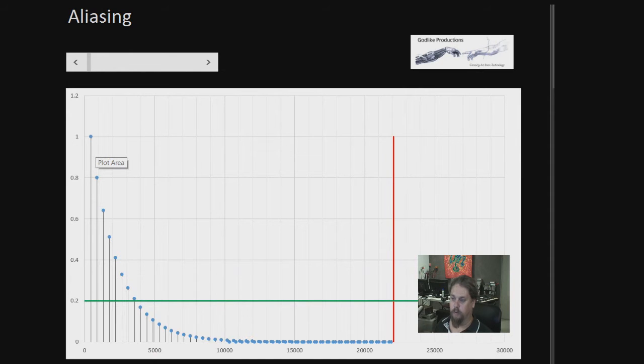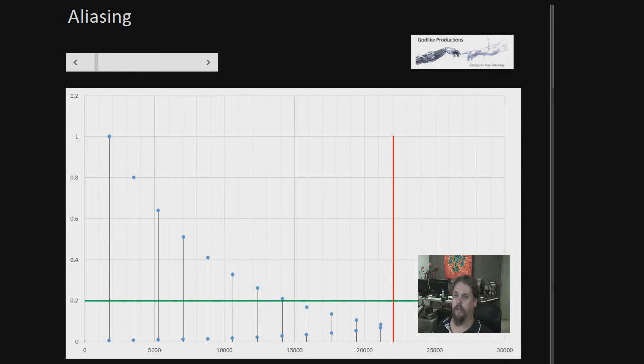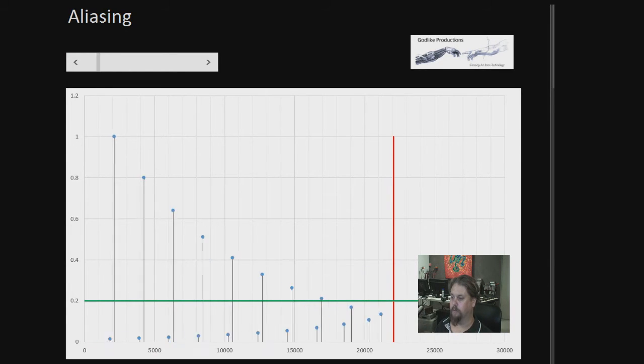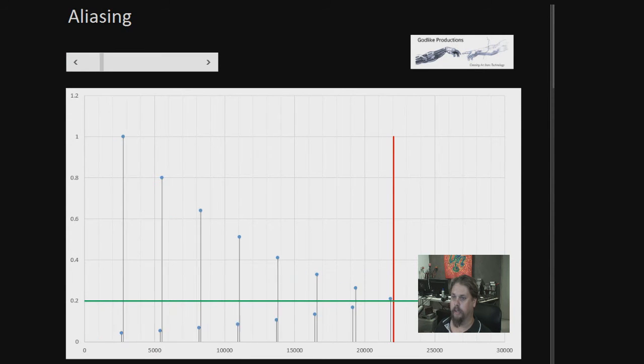For the green line, anything above the green line you're going to be able to hear. As we start increasing the frequency, you'll start seeing that it reflects on that red line. At the moment this is still relatively low frequencies, but as we go up, some of the reflected dots are getting closer and closer.